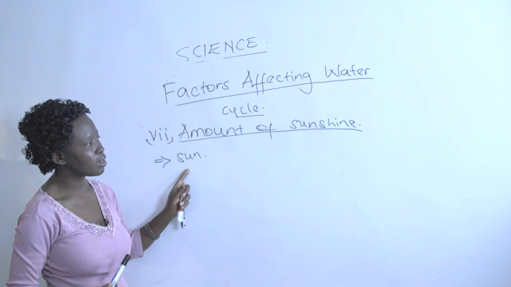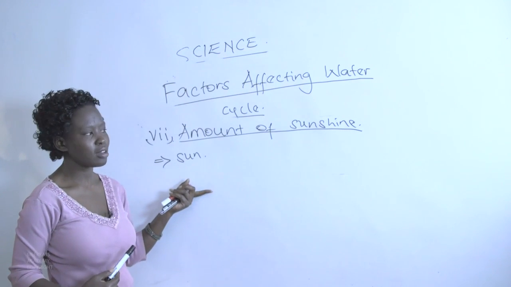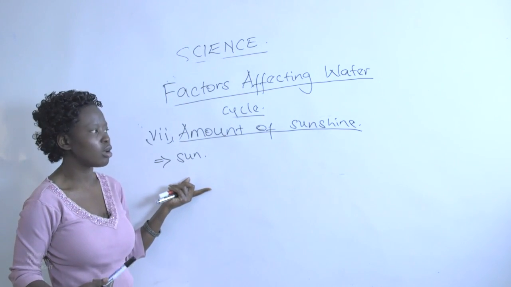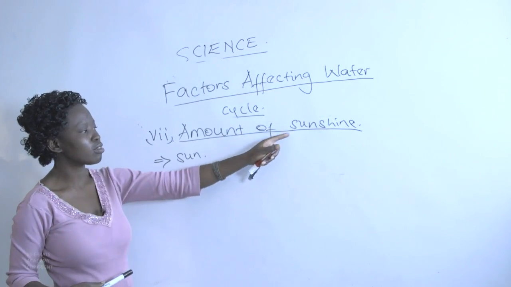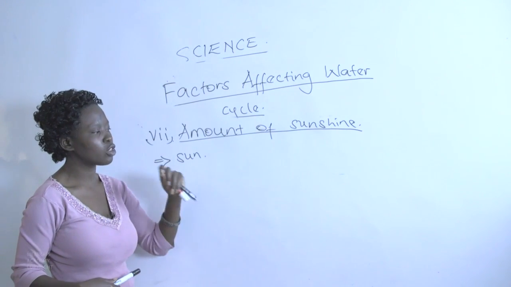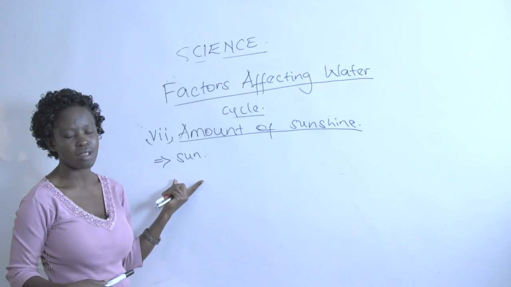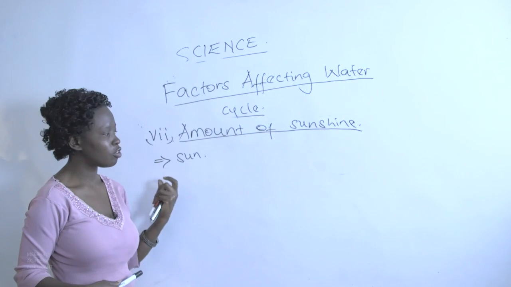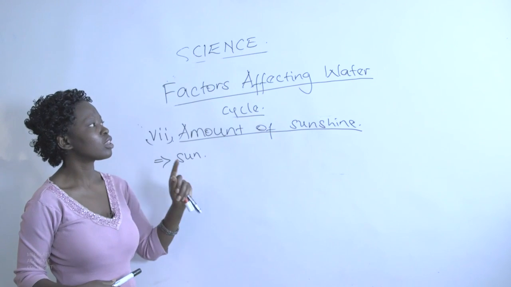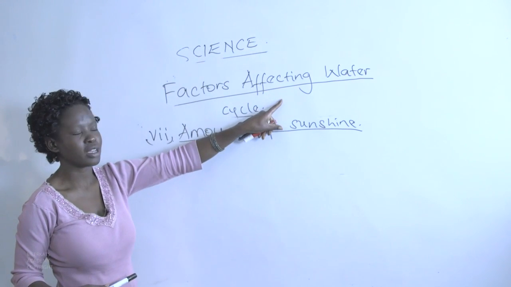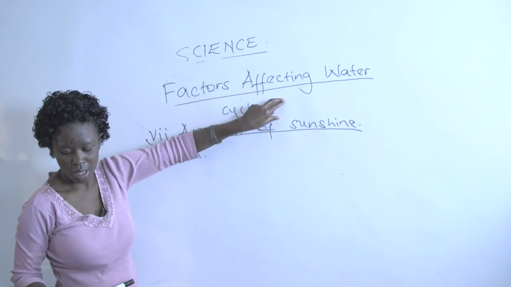If the area experiences less sunshine, maybe because it is covered with clouds, then the rate of evaporation and transpiration will be lowered. But if the amount of sunshine is high, the rate of transpiration and evaporation is also increased, which in turn affects the process of the water cycle in general.